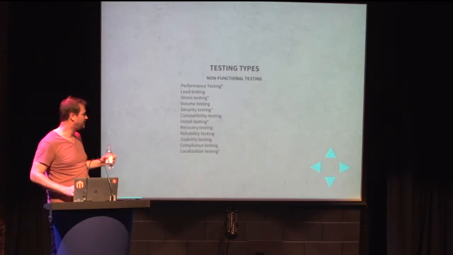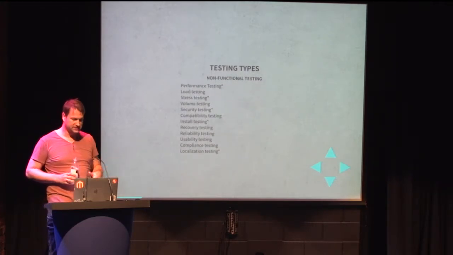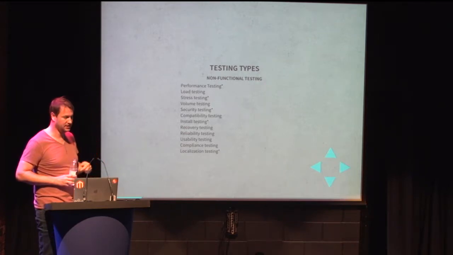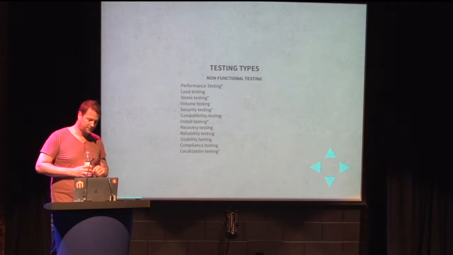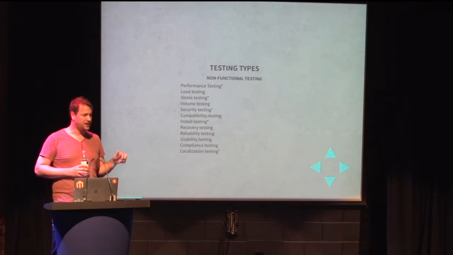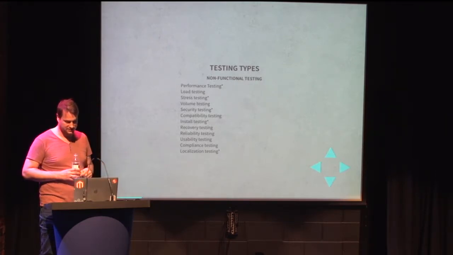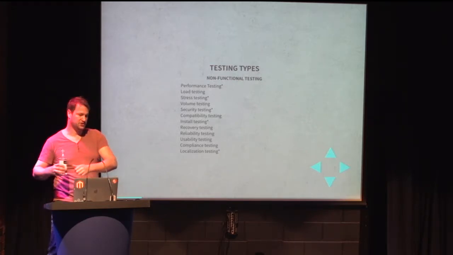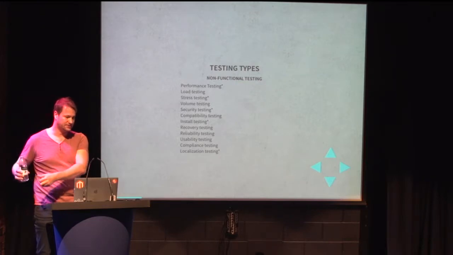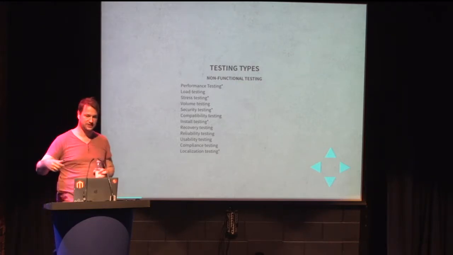And then you have non-functional testing, like performance testing, load testing, security testing, installation testing. This is the part where it gets complicated, because what is an install test? It's the complete deployment of your Magento 2 shop and using an acceptance test to check if you can put something into a cart.